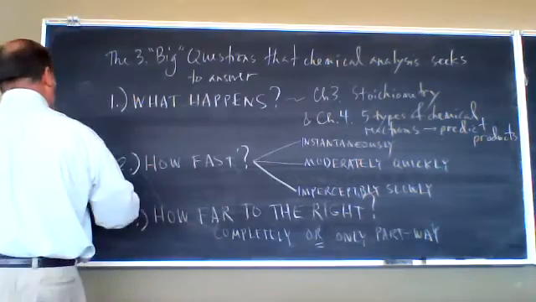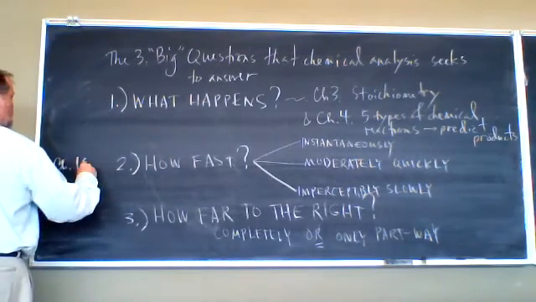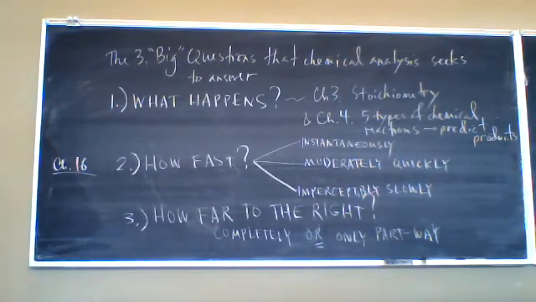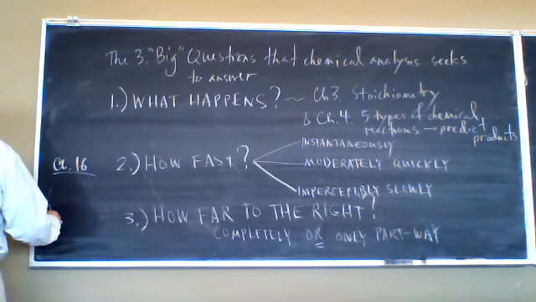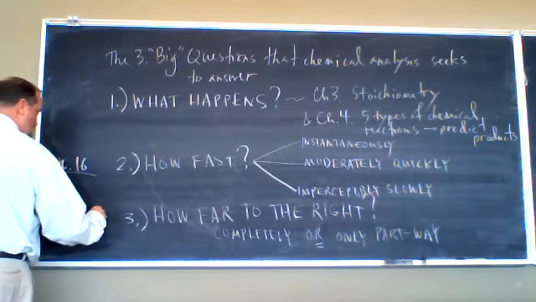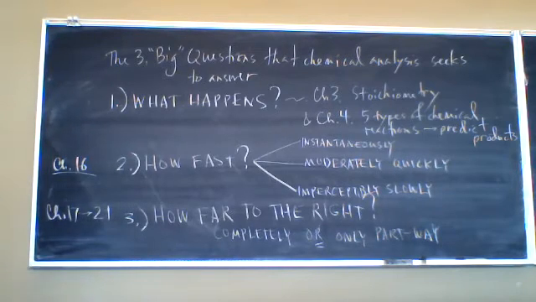So, how fast? We're going to talk about this in this chapter, chapter 16. How far to the right? That's the rest of the semester, chapter 17 to 21. So, these are the big three questions that chemists try to answer.